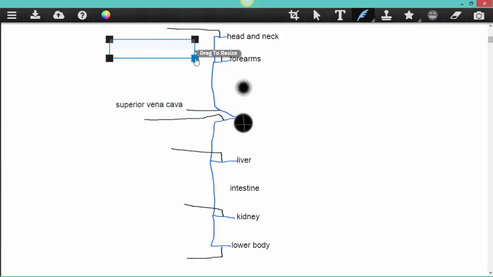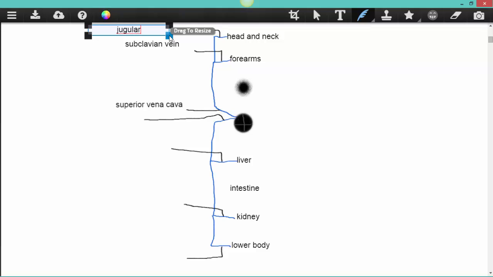And this superior vena cava is made of two veins. That is the subclavian vein, which is from the forearms, and the jugular vein, which is from the head and neck.